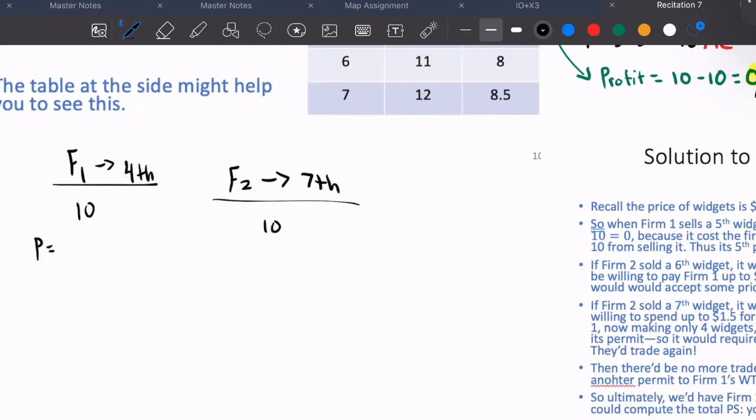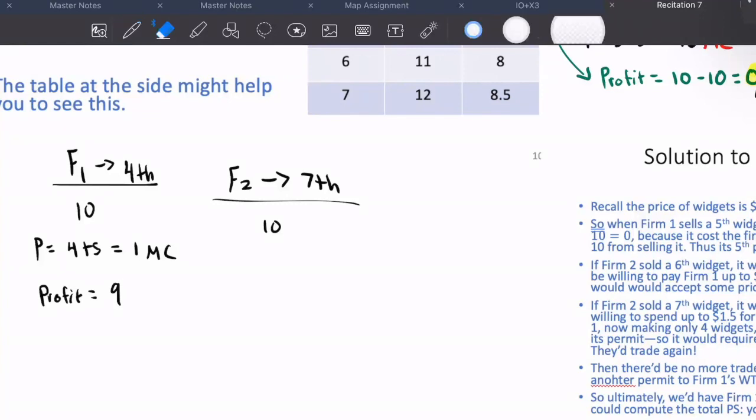Then we plug in P equals 4 plus 5. Okay, sorry about that. This is 9 for marginal cost, and our profit ends up being 1.